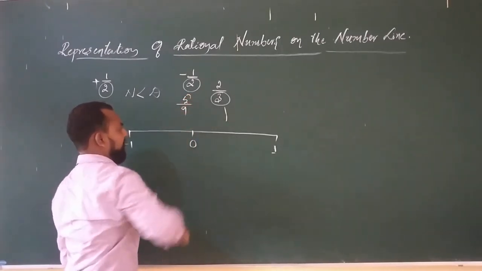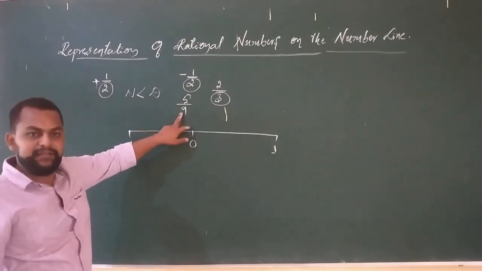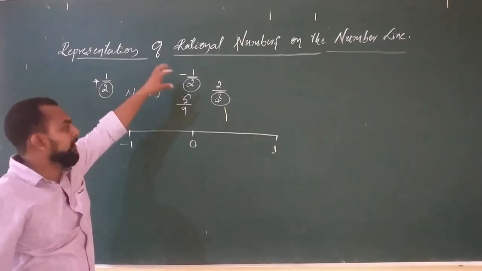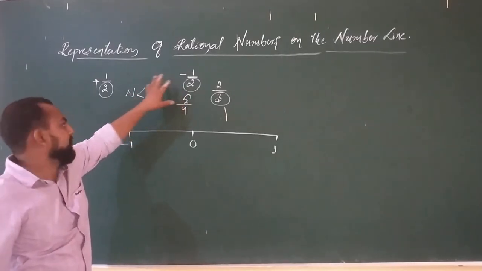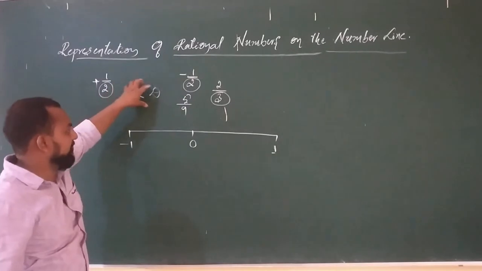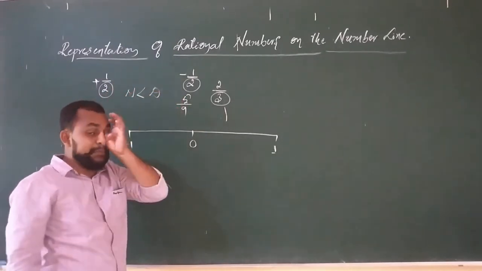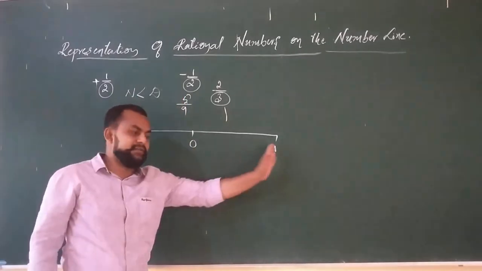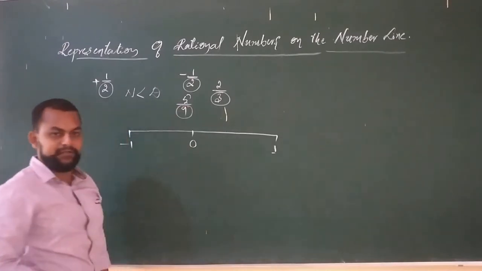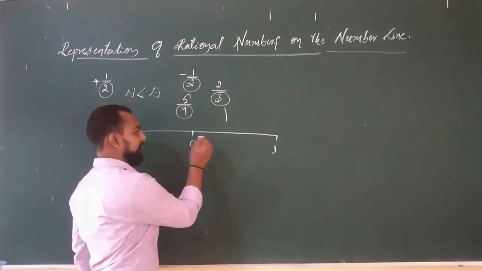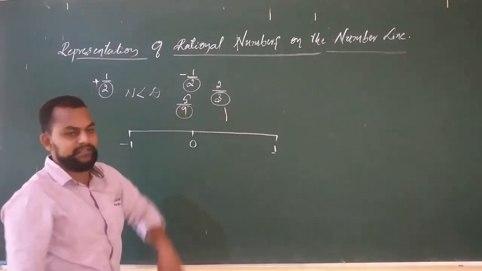Now 5 by 9. Here the denominator is 9 and the numerator is 5. Since 5 is smaller than 9, the numerator is lesser than the denominator, so this rational number also lies between 0 and 1. The denominator is 9, so we divide the 1 unit into 9 equal parts.